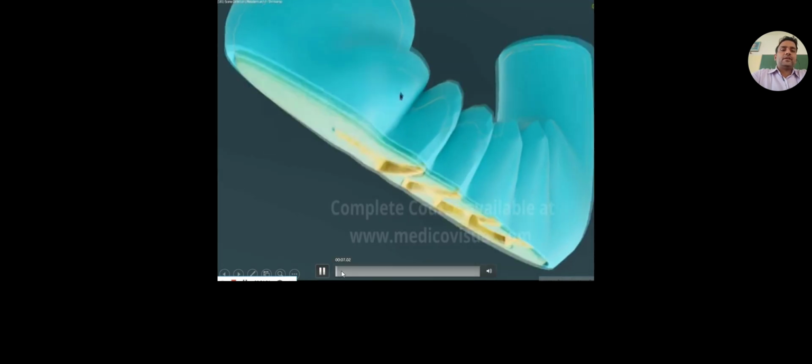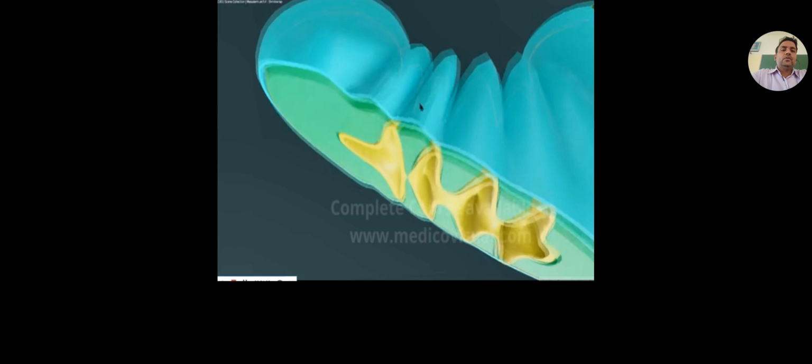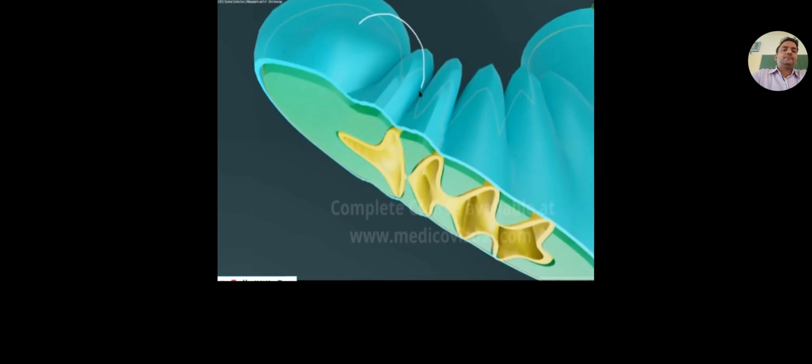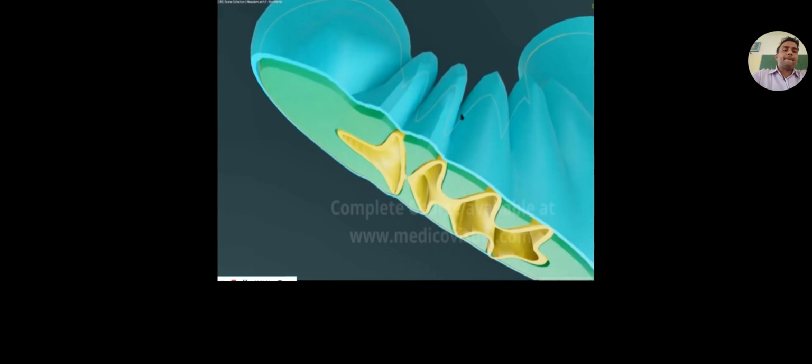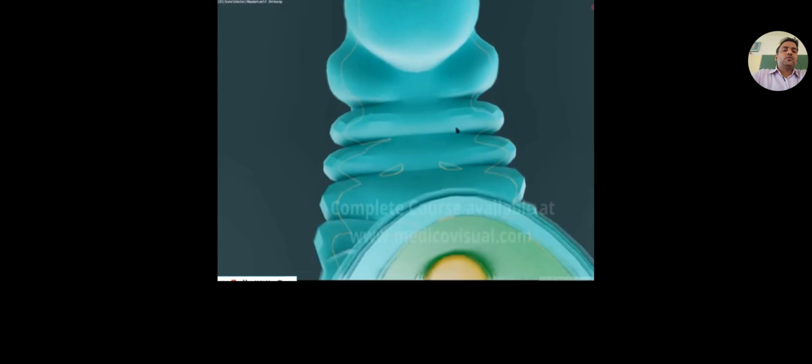You can notice here. So clefts you can see. These are the cleft structures that you are seeing on the outside, and inside you can see the pouches, but from the front view they appear like this. You can notice there are horseshoe shaped arches there.